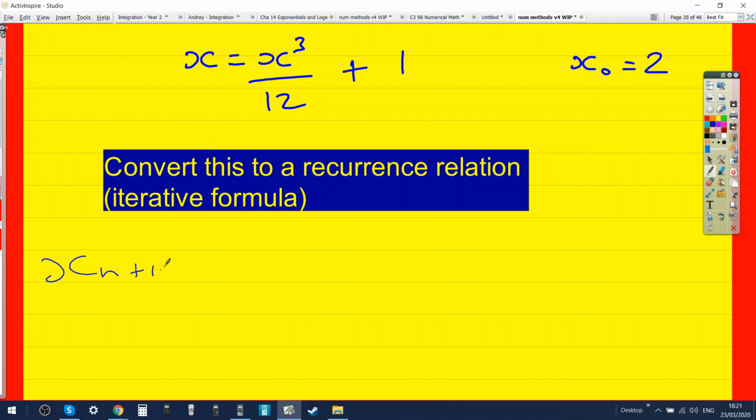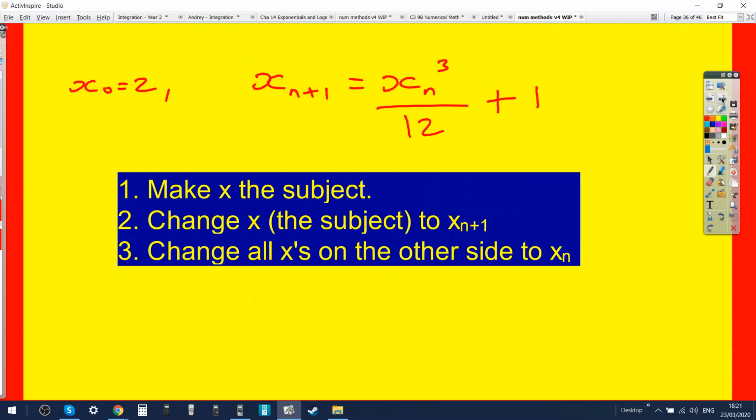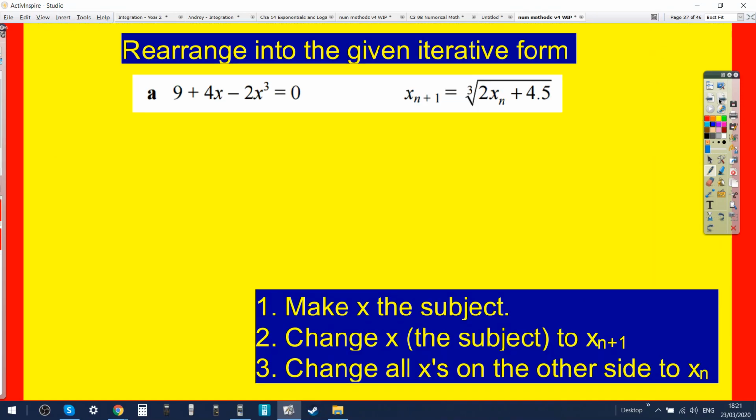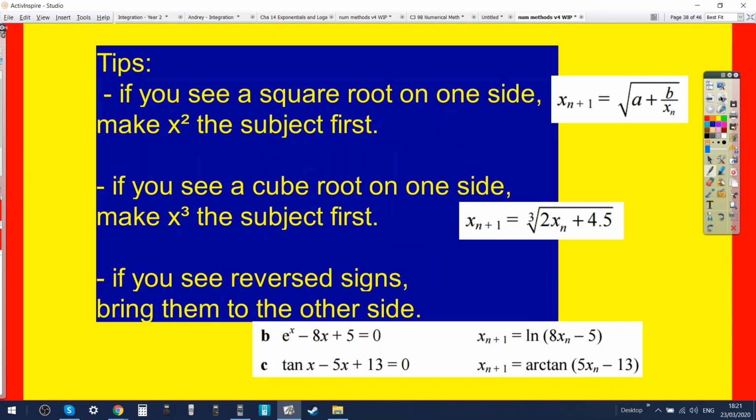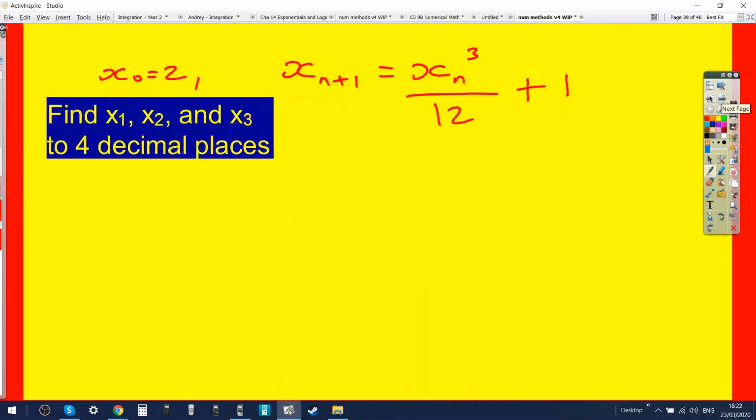Yeah. So the x on the left side, the subject one, that becomes x_n plus 1. And then all the x's on the other side become x_n. Yeah. That's it. Yes. And now, okay, we could. Yes, now let's sub in.